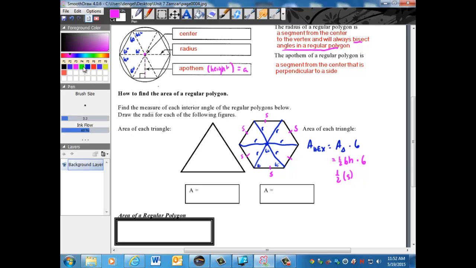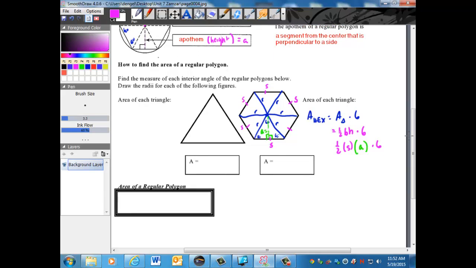Then for the height, we want to draw in our apothem. And so I'm going to draw it down, and here it comes. And it creates a 90-degree angle here and here. Okay, and so the H is now no longer our height. Again, this is our A amount. So this is going to be an A. And then we still have times 6 for 6 triangles.